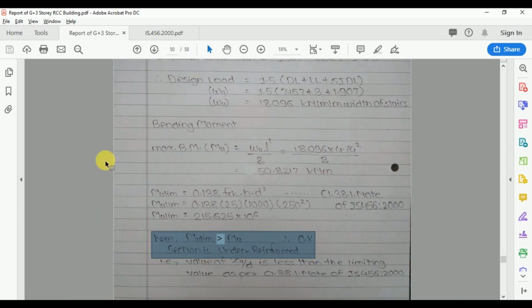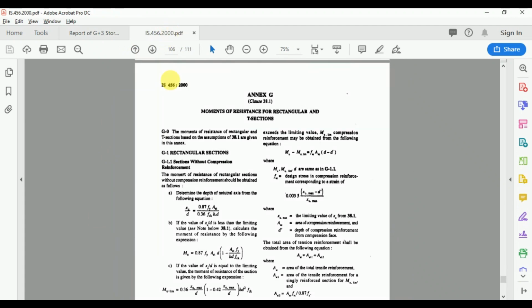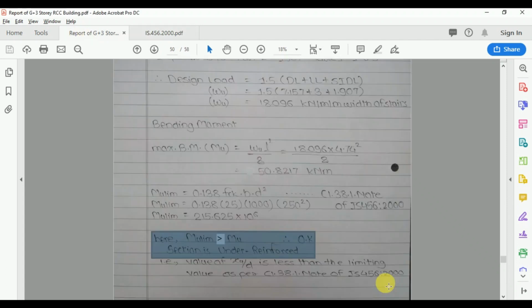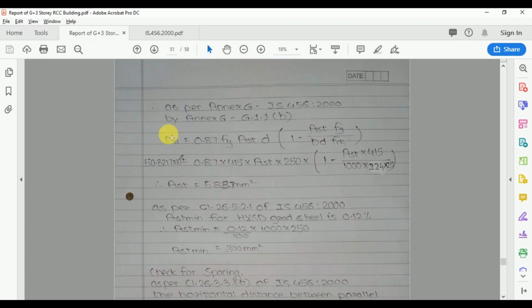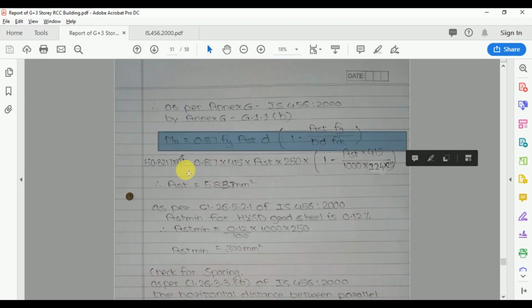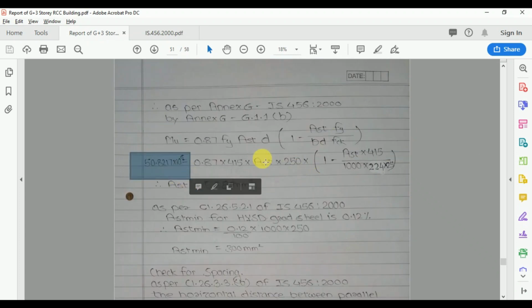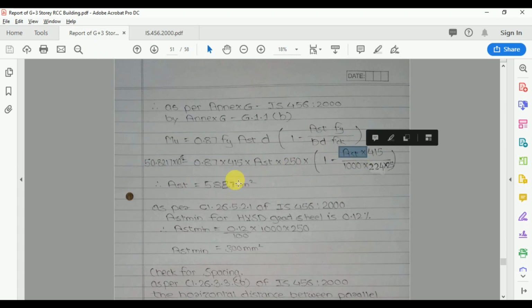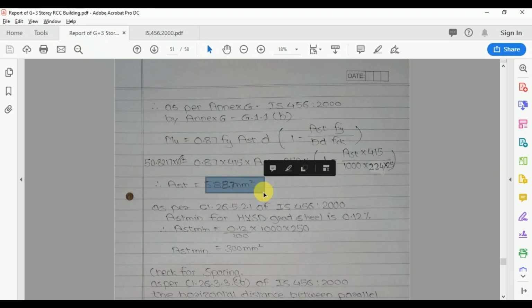So now we can use the formula as per Annex G for the calculation of the area of steel for the rectangular section, that is from G.1.1, that is this formula. With respect to this formula, by inputting the value of MU, FY, D, FCK and B, we got the value of area of steel required as 58.7 mm square.